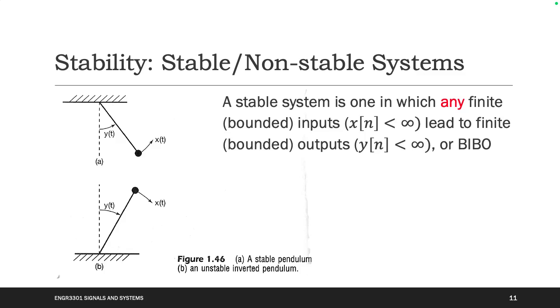It will be smaller than infinity. Then we get a finite output, a bounded output. Or we can call it BIBO, which means bounded input, bounded output. If your system has a bounded input and a bounded output, your system is stable. Otherwise, your system is non-stable. Okay, I think the definition is clear. So let's talk about some examples.